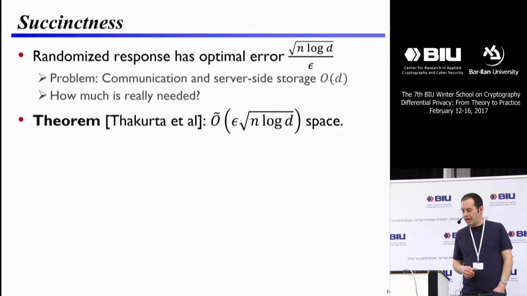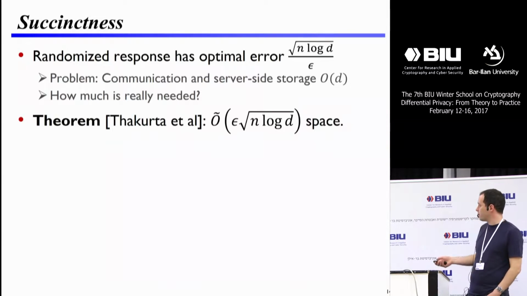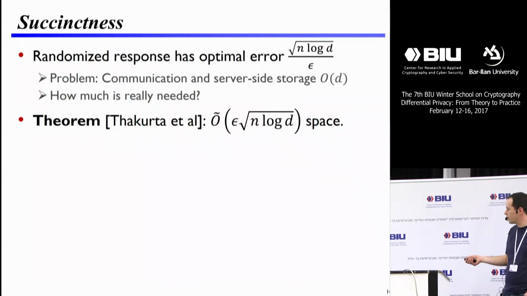It turns out the answer is, and I could have put a theta on this, very neat: the exact space bound that you need for the server for this problem is epsilon times n squared of log d.